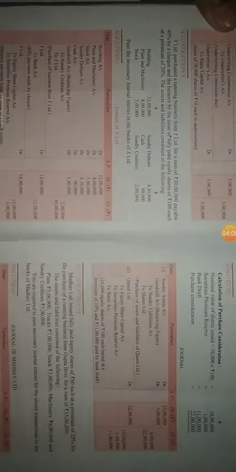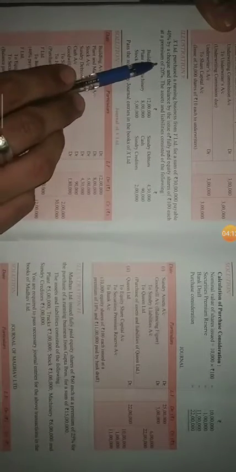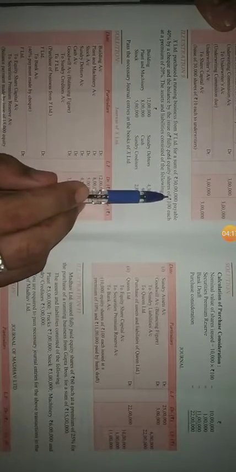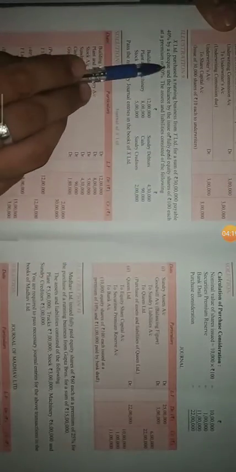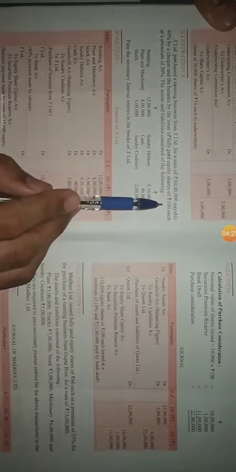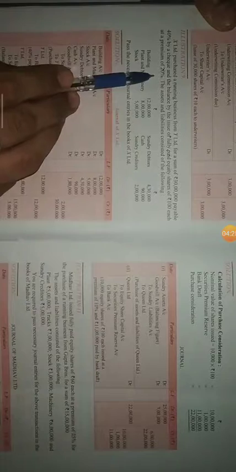Here Y Limited is a vendor company, for a sum of rupees 30 lakh, payable 40% by cheque and the balance by issue of fully paid equity shares of rupees 100 each at a premium of 20%.